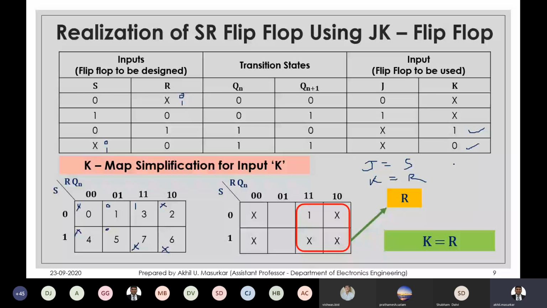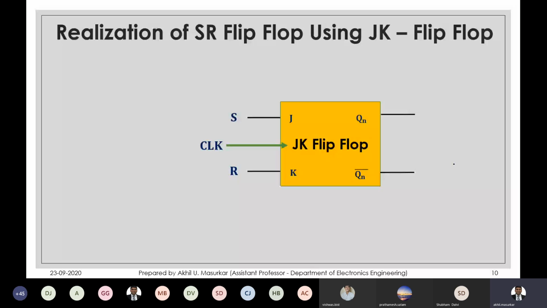So it is going to be like this. Just JK flip flop with S and R as the input. So you will just write JK, just show a box, write JK, and at the input you can just write S and R because J is equal to S and K is equal to R. That's it.